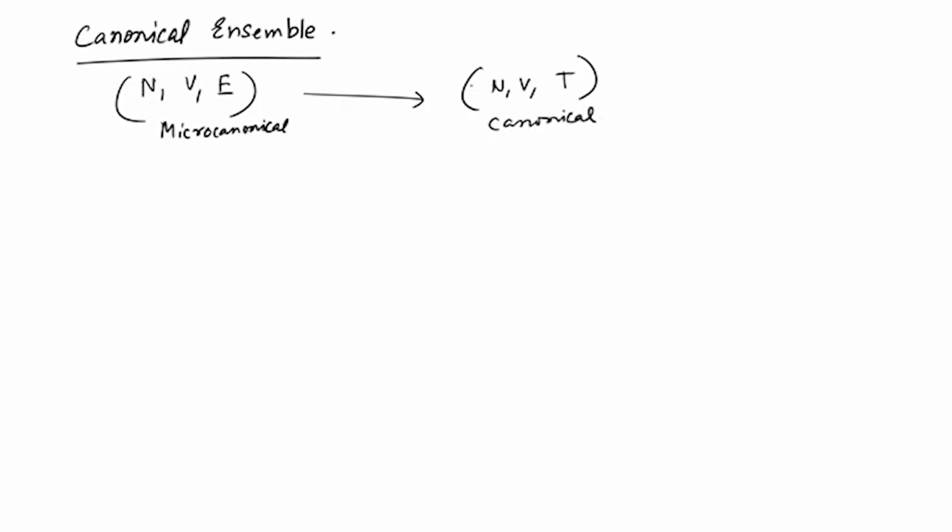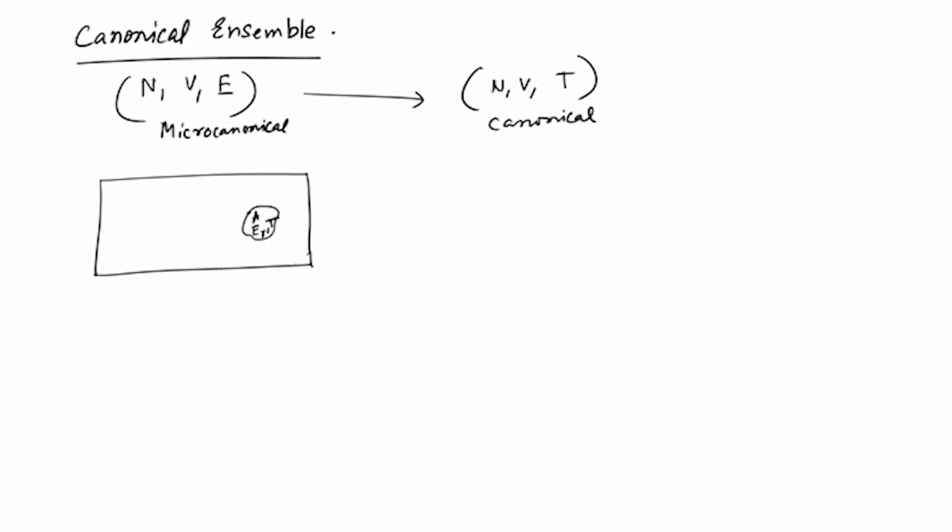So, there is no fixed energy, but there is a fixed temperature, and this energy is of course a variable between the system and the surrounding. But if you draw a picture, which is what has been shown earlier, that you have a system like this, let us call this system A, and this occupies an energy level E_r.